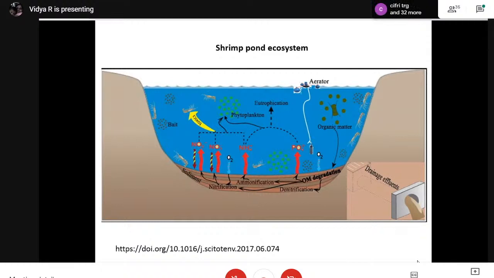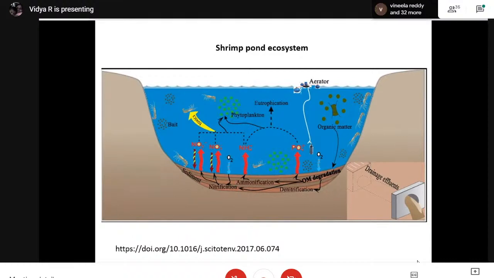So this is a typical shrimp pond ecosystem where you can see a water phase, covered with the pond bottom, and the shrimps inhabit such an environment. Shrimp farming is done for 3 to 6 months.